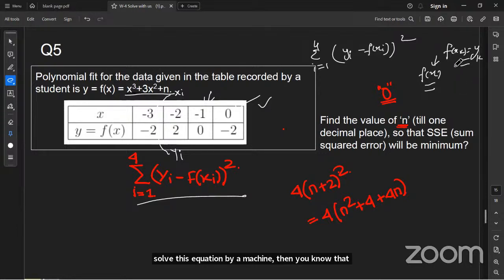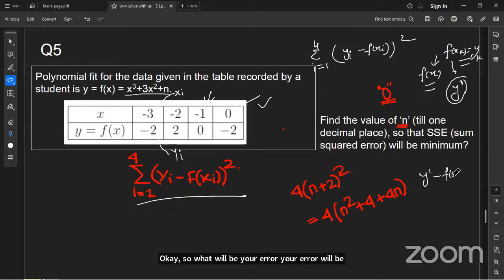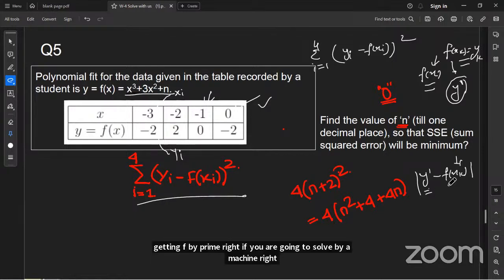So suppose you are getting y prime by machine. What will be your error? Your error will be the modulus of y prime minus f(xk), because your expected value was f(xk) and you are getting y prime. So the difference will give you the error.